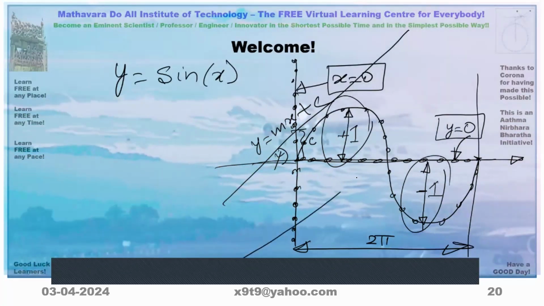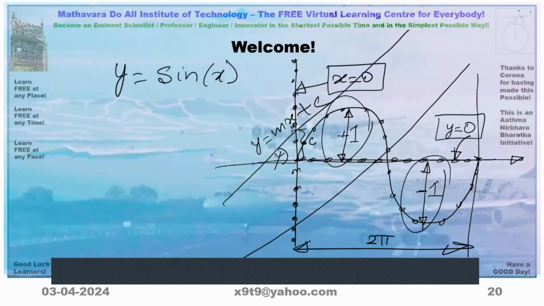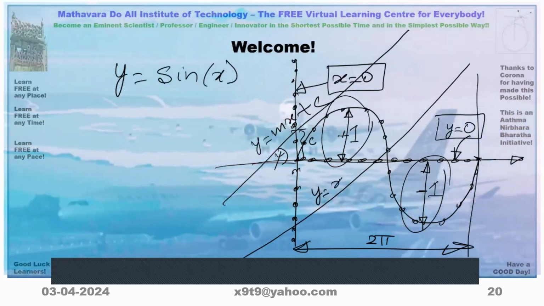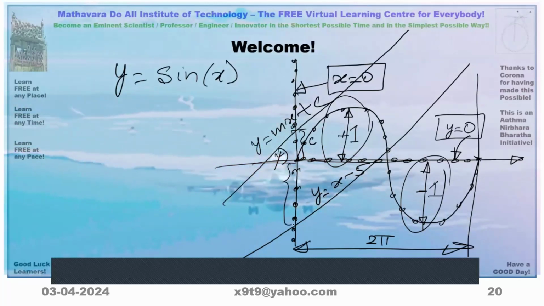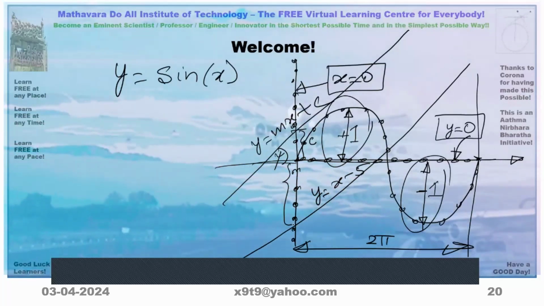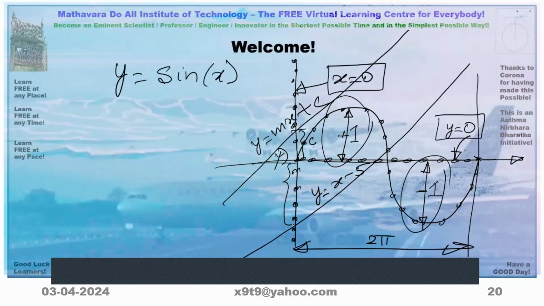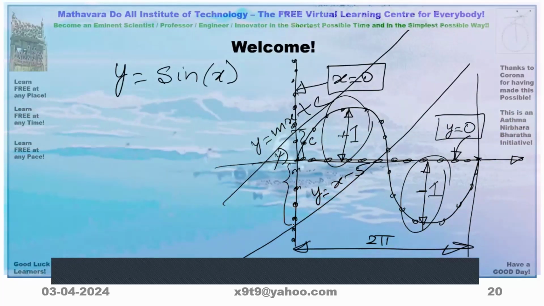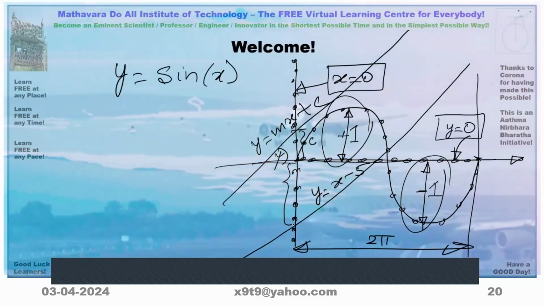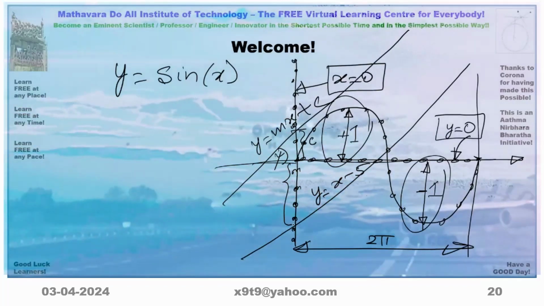So if a line goes like this, where y is equal to x minus 5, then how much is this distance? How much is that distance? No, it is this one.